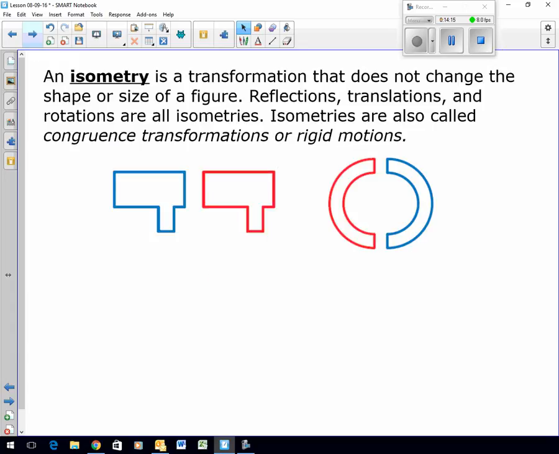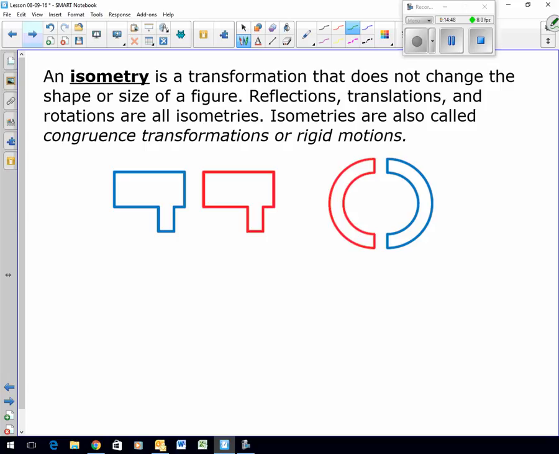A little bit more for you to write down here. Isometry. I call it isometry. A transformation that does not change the shape or size of a figure. Reflections, translations, and rotations are all isometries.